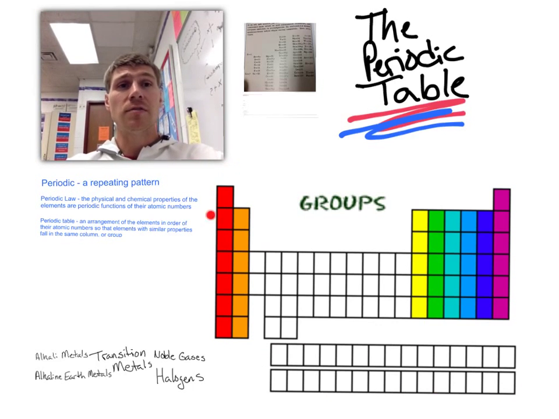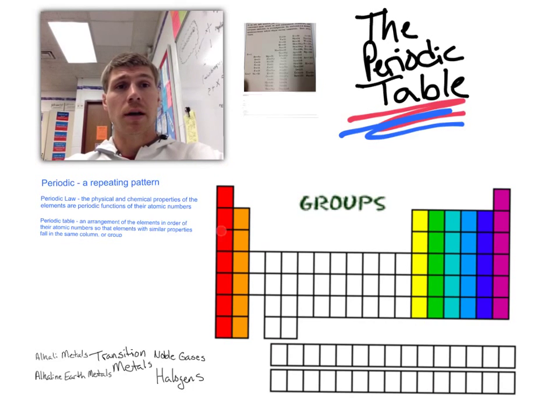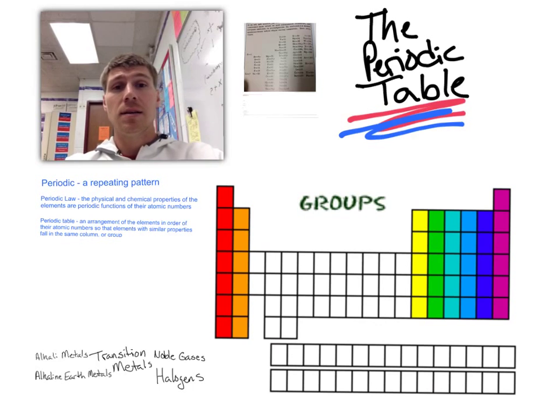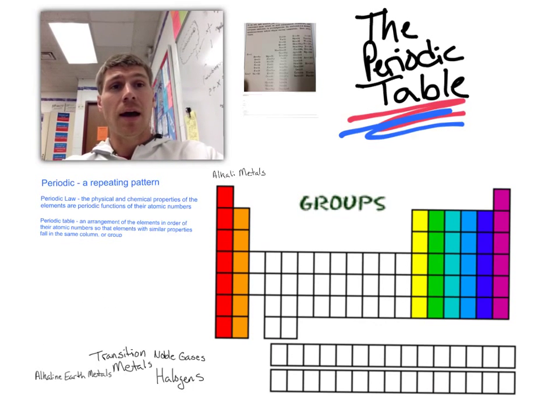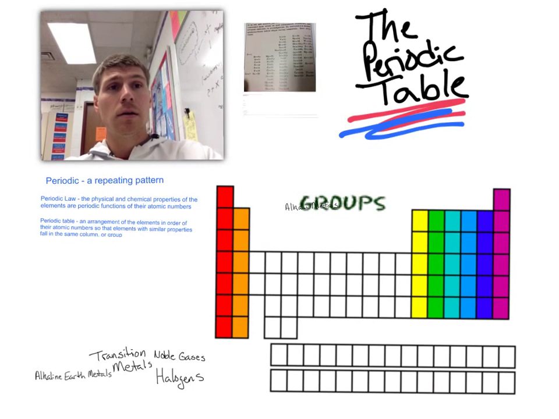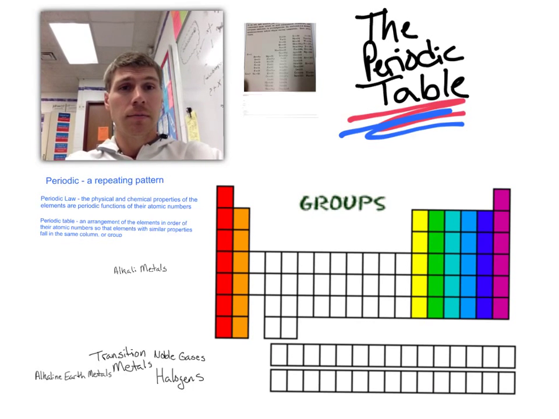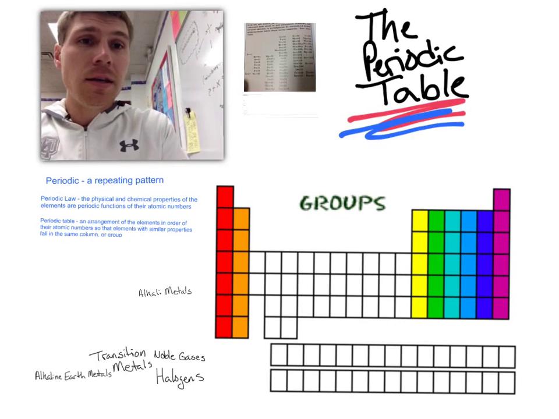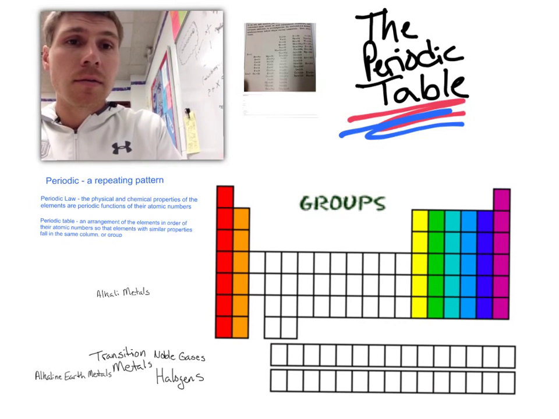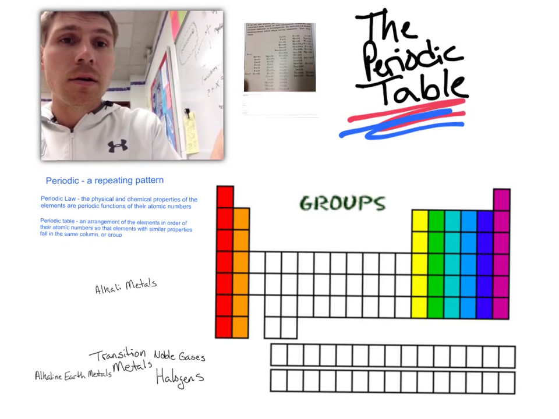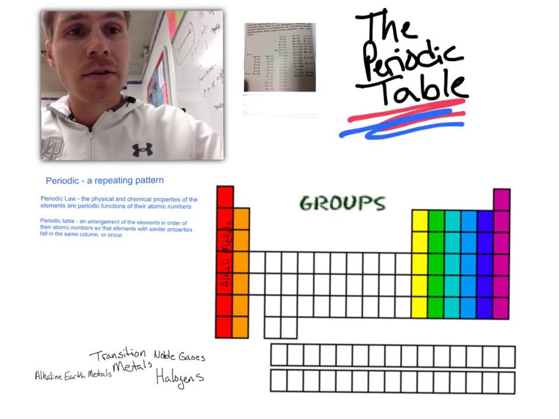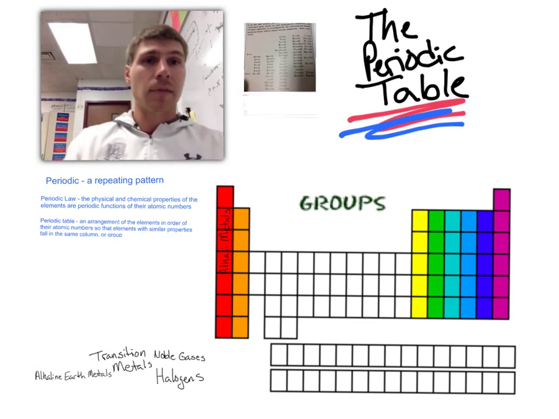All right, so this first group, column number 1, group 1, these are all metals, and we actually call them the alkali metals. Now these metals, they all are soft silvery metals.